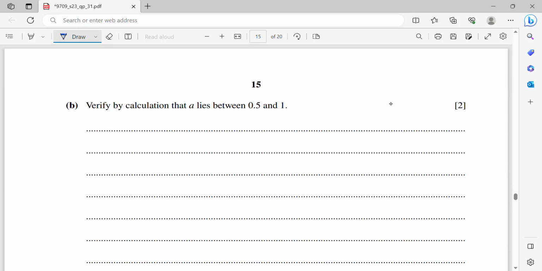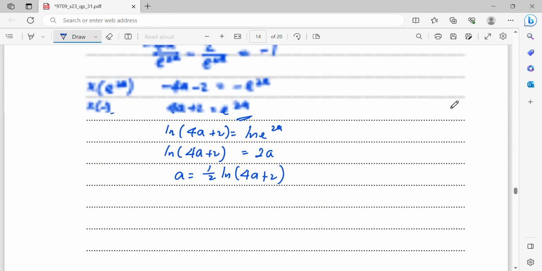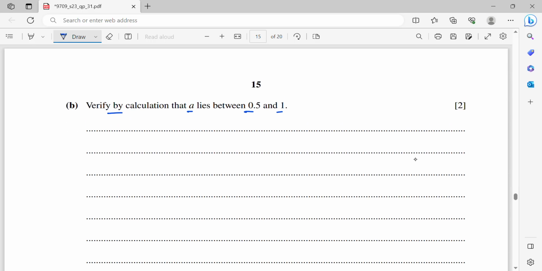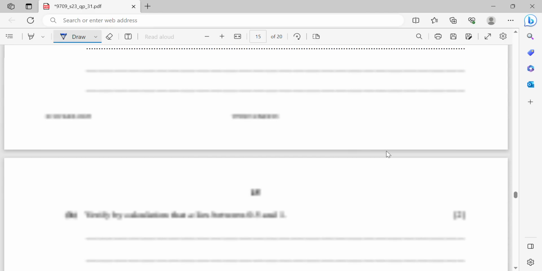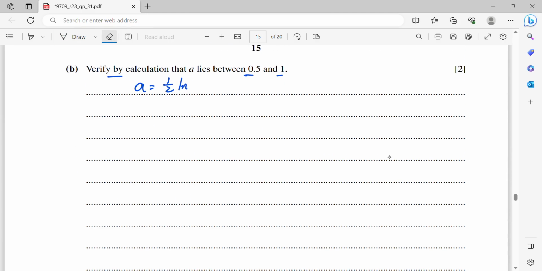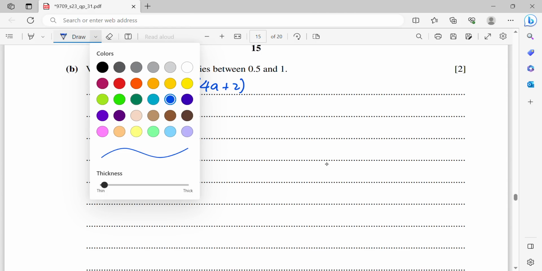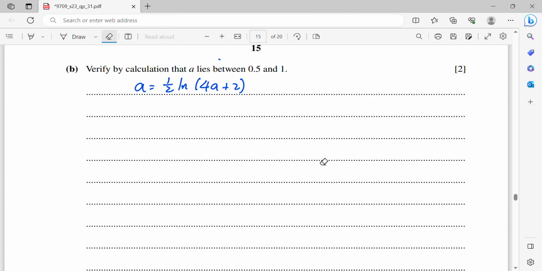Now, next is verify by calculation that a lies between 0.5 and 1. Okay, so I will rewrite my a first. A is half ln 4a plus 2. So to verify this, I'm going to use the sign change rule. According to the sign change rule, I need to rewrite it as a minus half ln 4a plus 2 equals to 0.